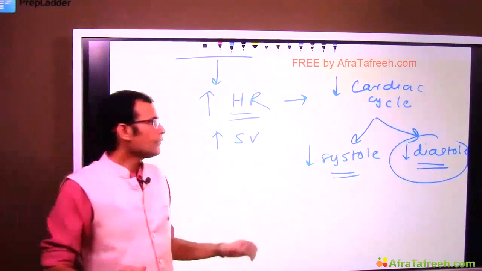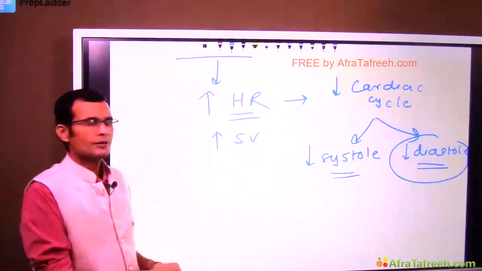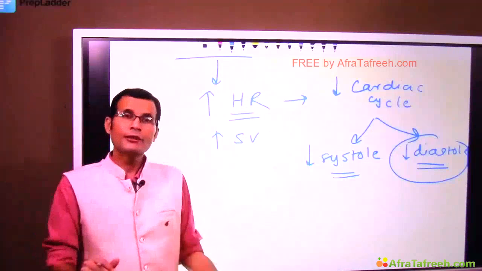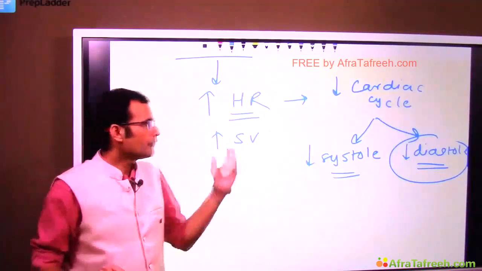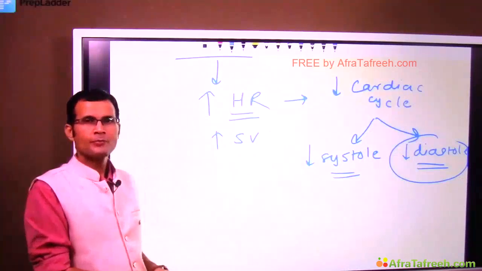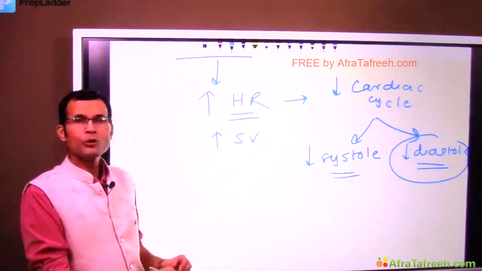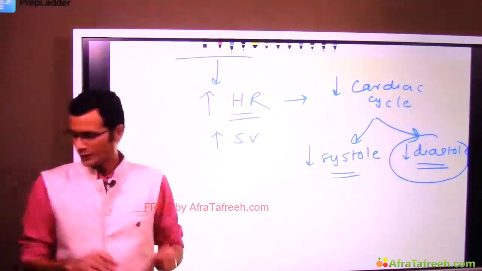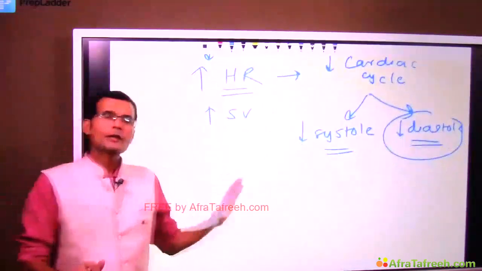Then second point, if the diastole duration also decreases at higher heart rates, then filling will suffer, and if the filling suffers, then the stroke volume should also suffer, isn't it? Then how come stroke volume is increasing under the influence of catecholamines? Let me explain that.